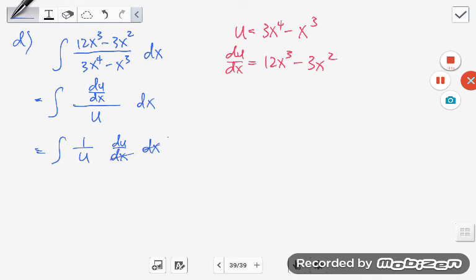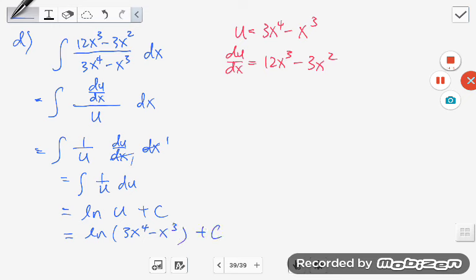So that gets cut out. This is the same as finding the integral of 1 over u with respect to u, which is simply ln u plus c. Don't forget to substitute back. So that will be ln of 3x to the power of 4 minus x cubed plus c.